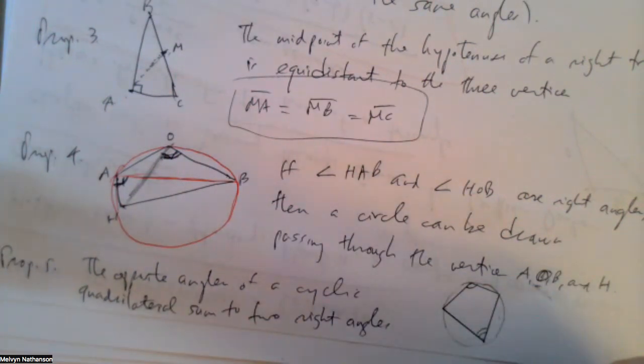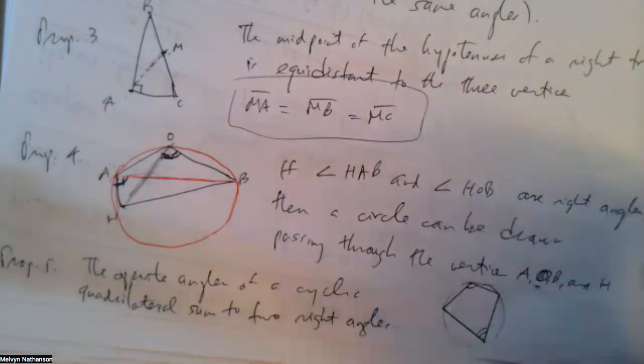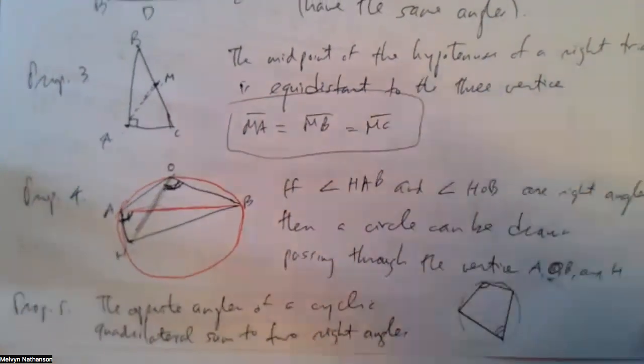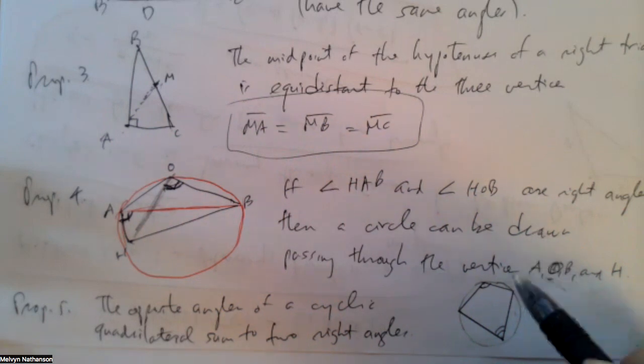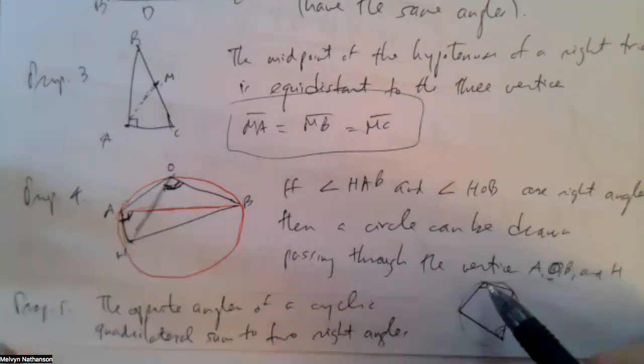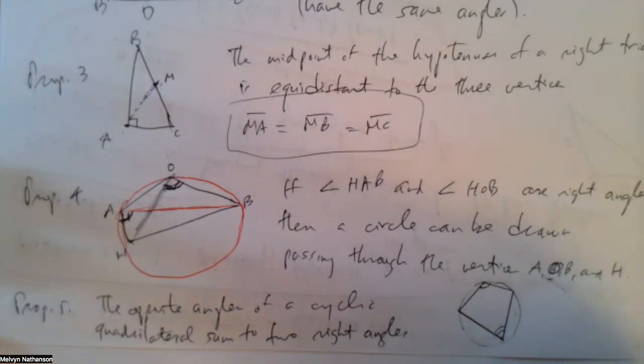So this plus this is two right angles. This plus this is two right angles. Remember, if you have any quadrilateral, like a square or a rectangle, or the most symmetric cases, the sum of the four interior angles is four right angles. And if you have a cyclic quadrilateral, the sum of every opposite pair of angles is two right angles.